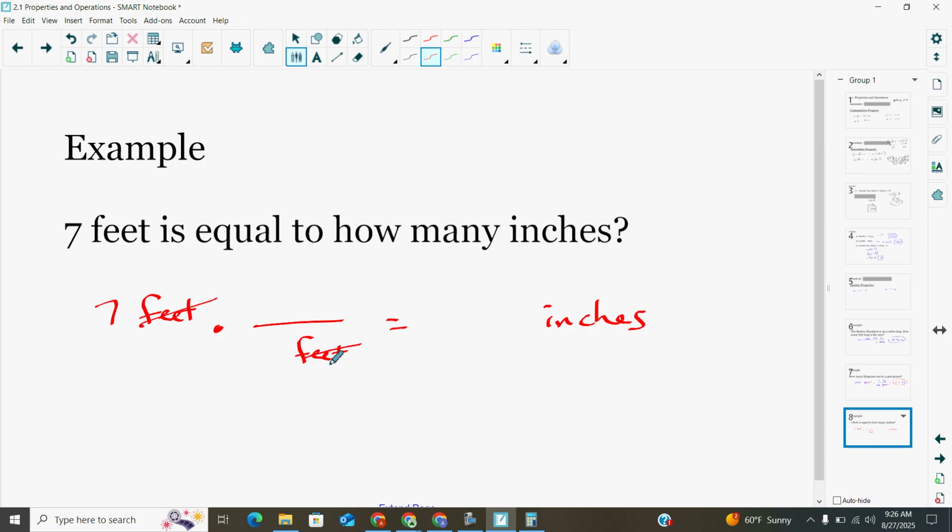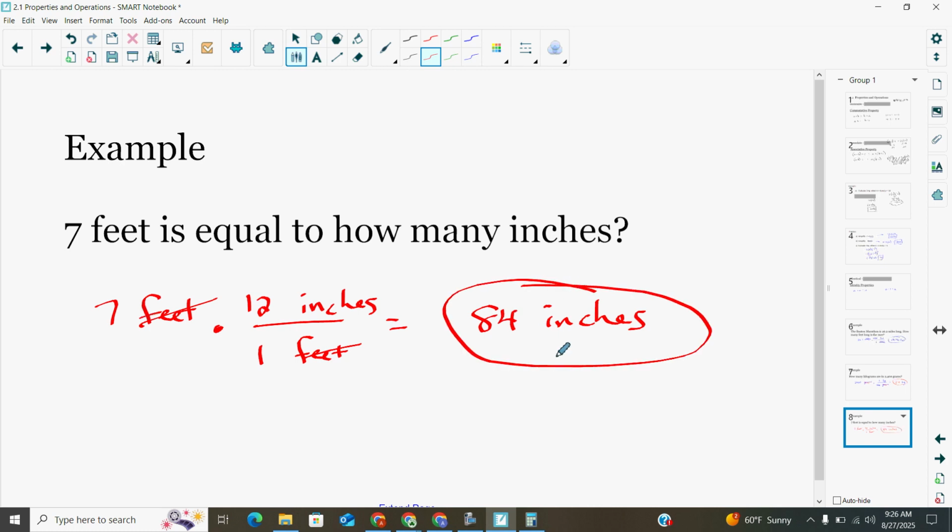Those are going to cancel, which is what I want. Inches on top here, so that I have inches in my answer. And then how do inches and feet relate? 1 foot has 12 inches. So we're going to do 7 times 12. 84 inches. That's it for the notes.